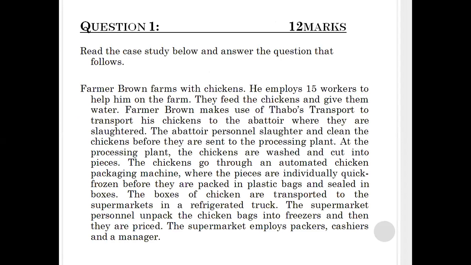I'm just going to ask you the questions and you write your answers down on the piece of paper. All right, so the first question will be, name the 4 production factors.